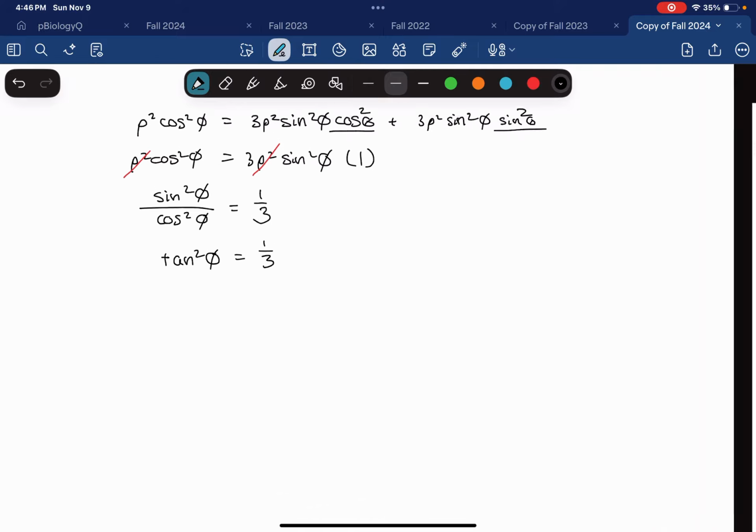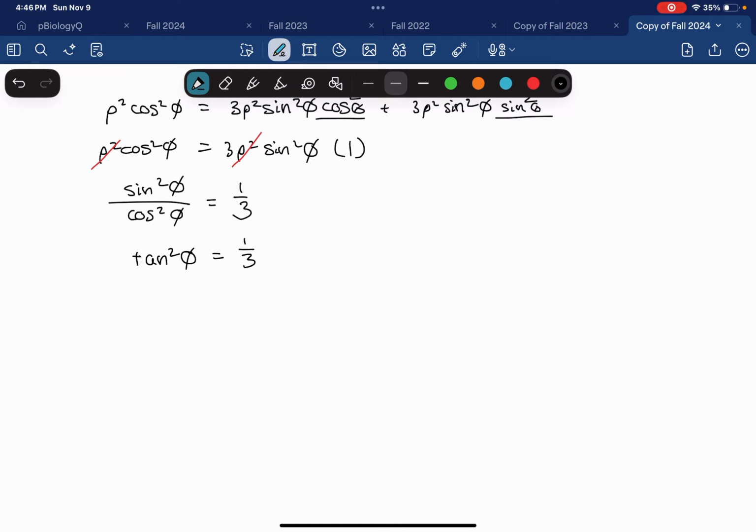But if you remember your unit circle, you would know that at pi over 6, we get the coordinate square root of 3 over 2, 1/2.